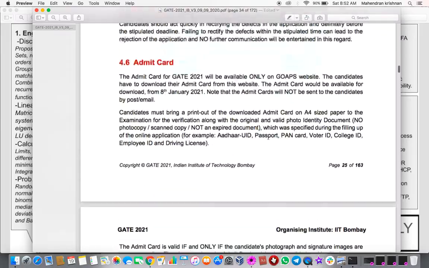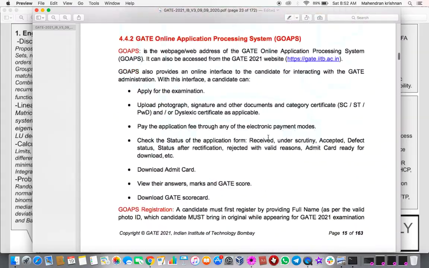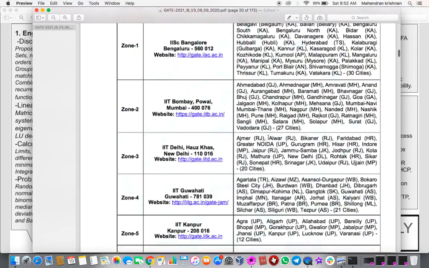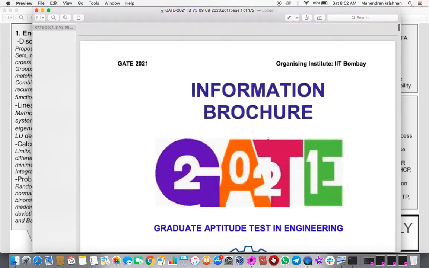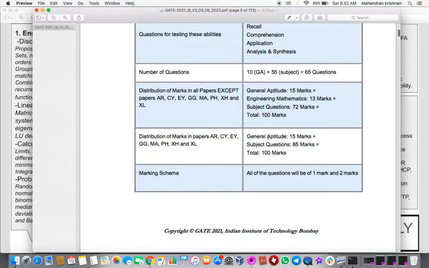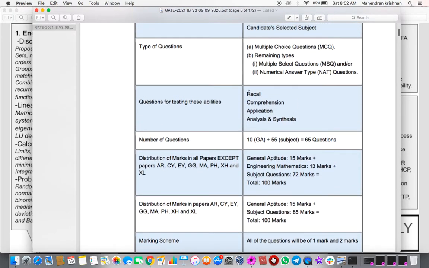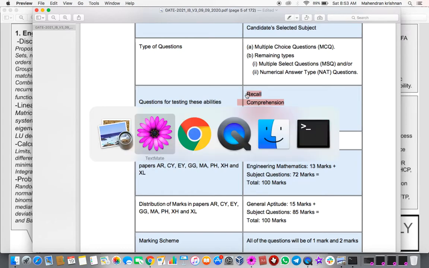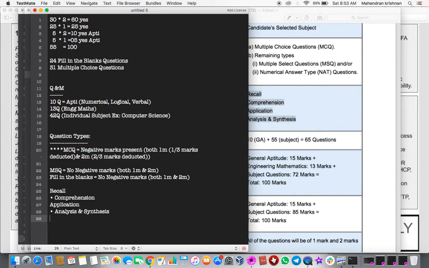Questions test these abilities: memory power, comprehension, which is based on our understanding and arriving at a conclusion, then application of a particular concept, that is, we know the formula, so let us apply it to get the answer. Then analysis, synthesis, diagram based.